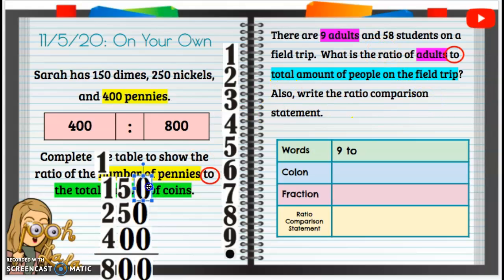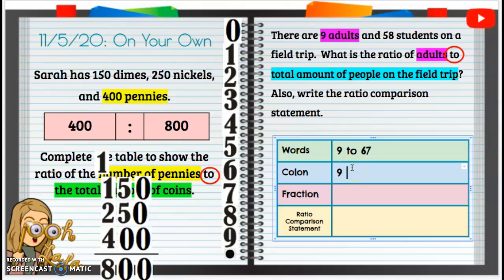Add them up. So 58 plus 9. Well, I know 58, 59, 60, 61, 62, 63, 64, 65, 66, 67. So I know that is 67. So 9 to 67. So the total is 67 people.